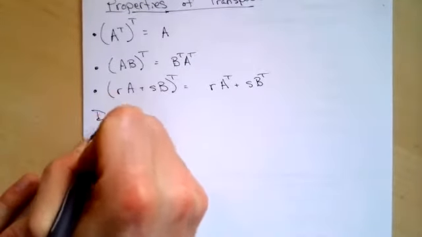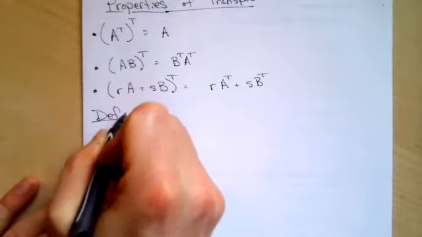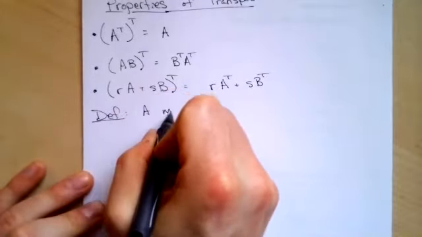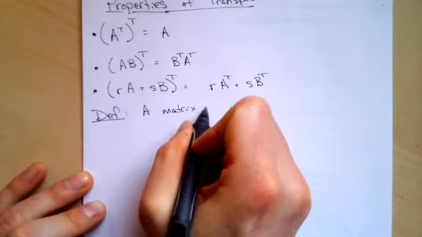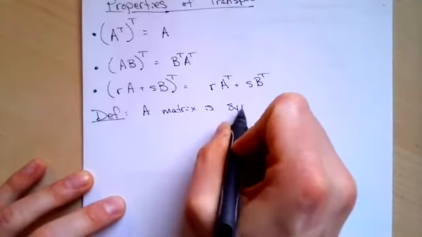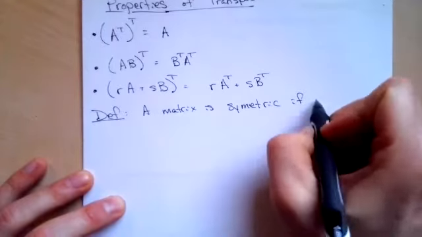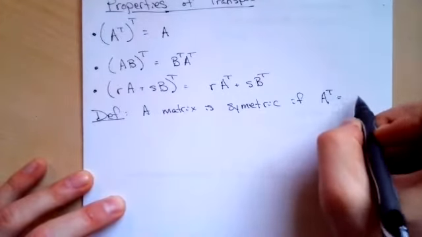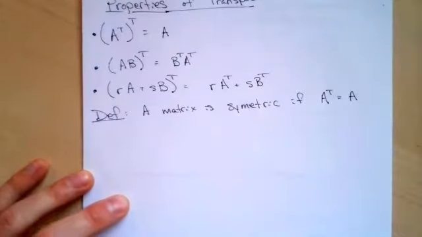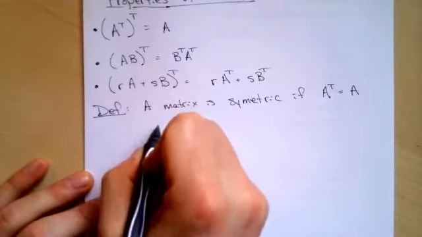So a few definitions. A matrix is symmetric if it's equal to its own transpose.